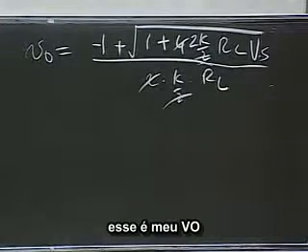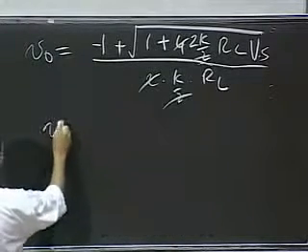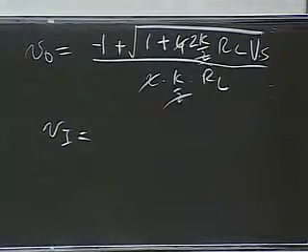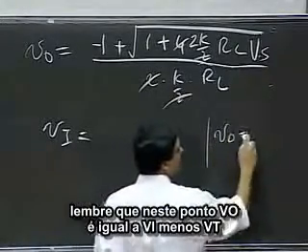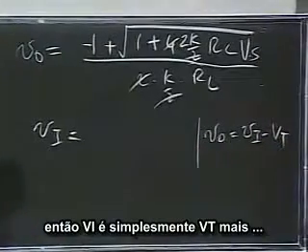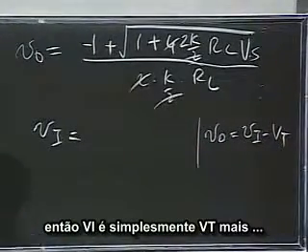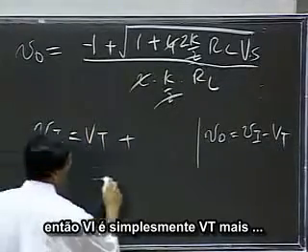Okay, so that's my V naught. So what's VI equal to? Remember that at this point, V naught equals VI minus VT. So VI is simply VT plus V naught.